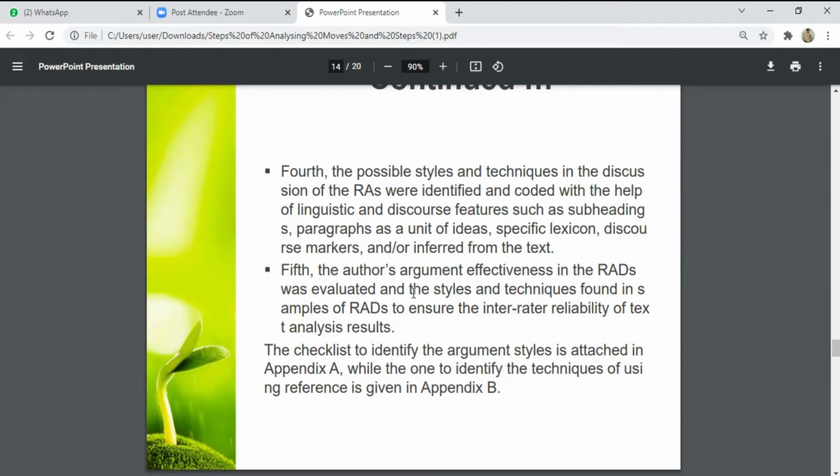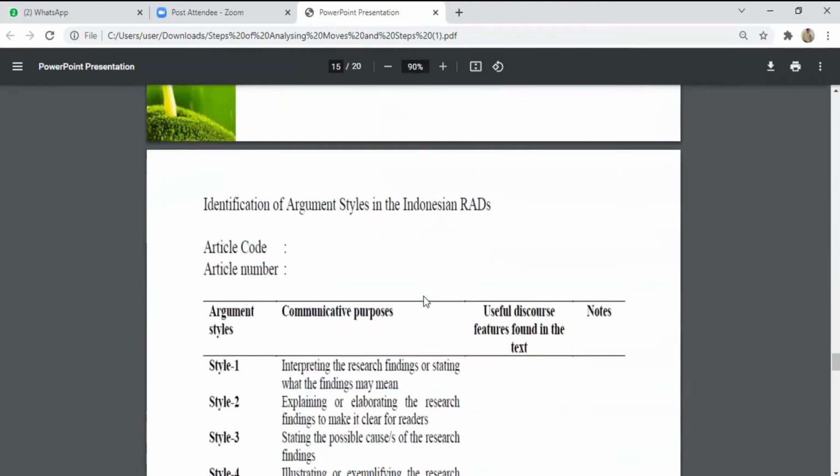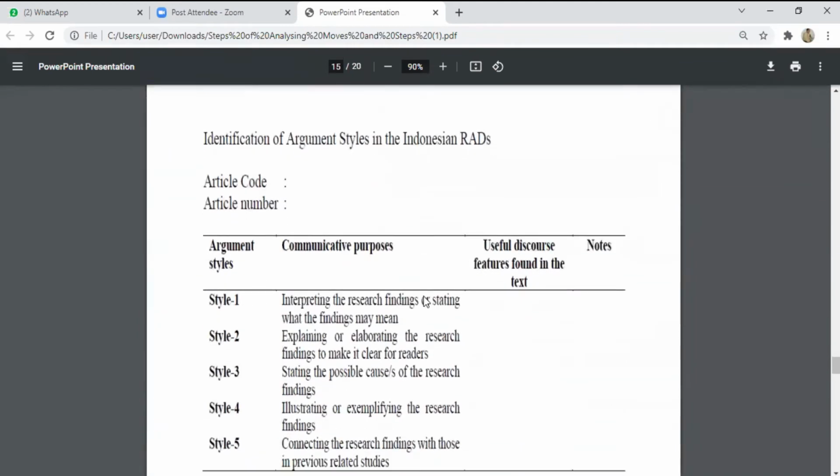It is important to teach the co-rater before he or she or they begin analyzing the same text as you analyze, and then you compare the results. So this is the instrument.